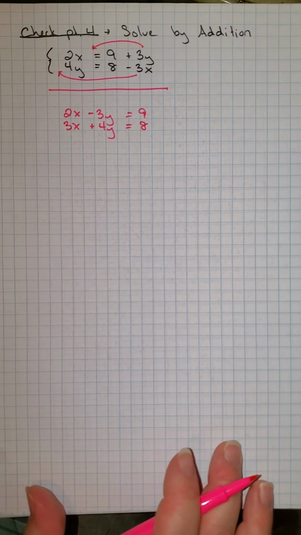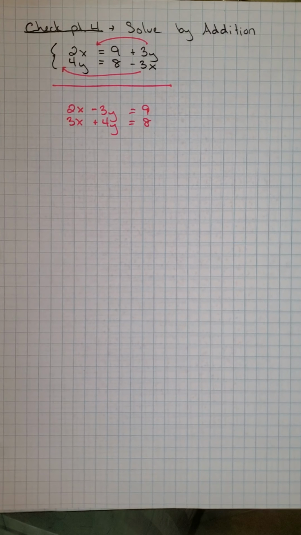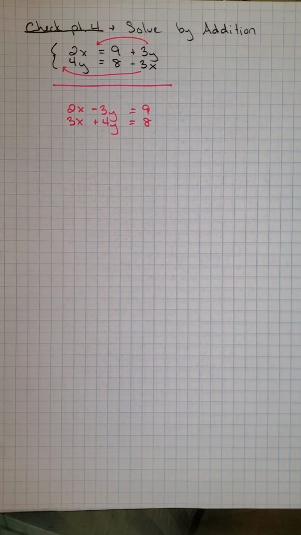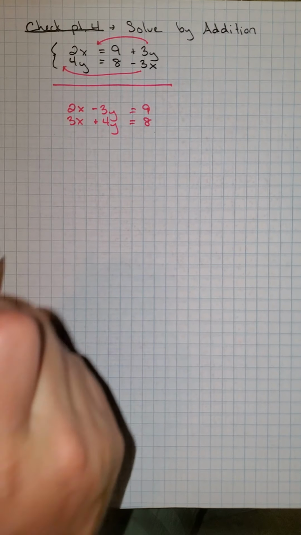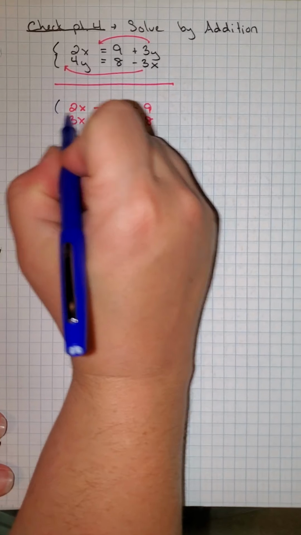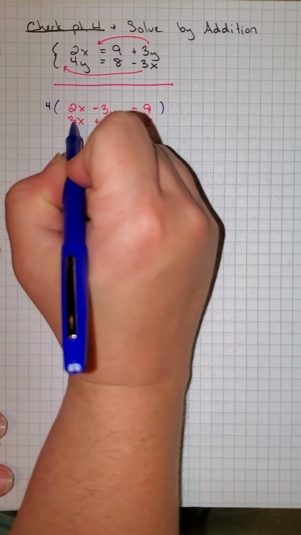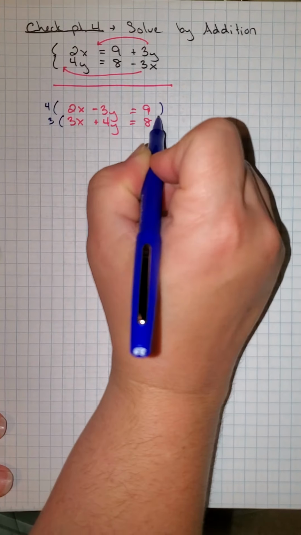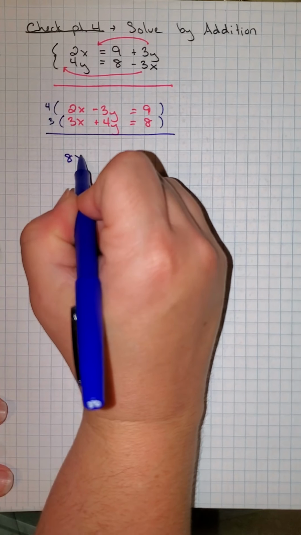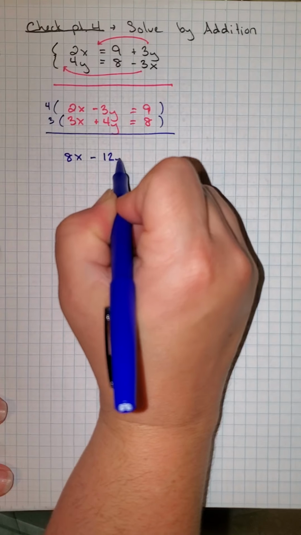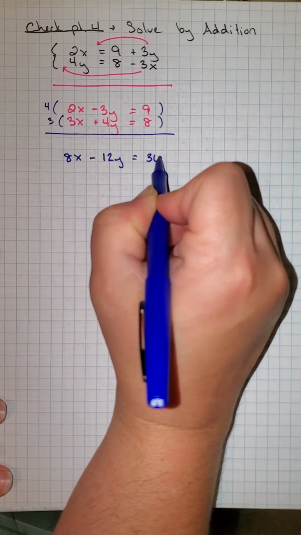All right, and I'm going to do the same thing I did in the last problem. The y's have a negative 3 and a positive 4, so I'm going to make them both into a 12. I'm going to multiply the first equation by 4, and the second equation by 3. So you get 8x minus 12y equals 36.